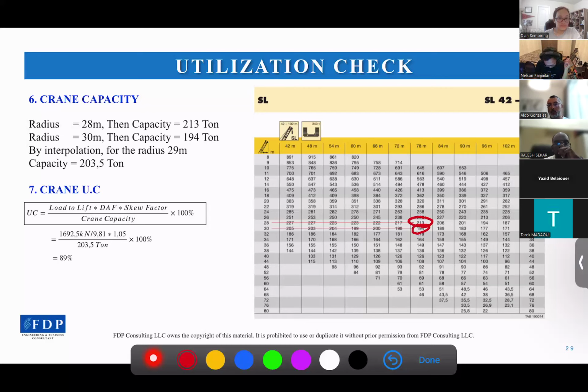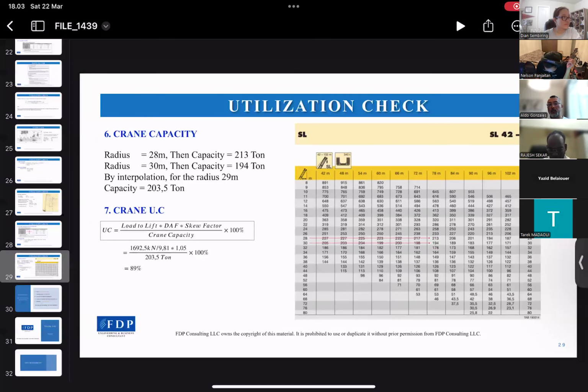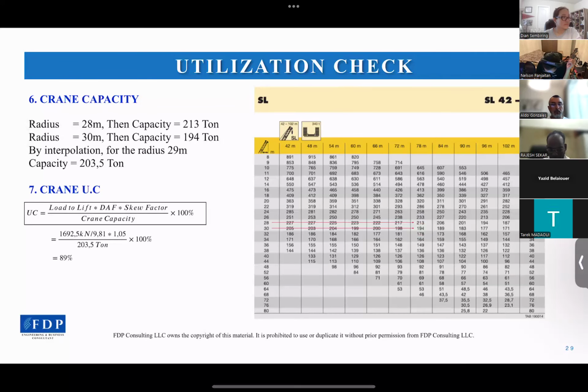Because you are interpolating 30 with 32, and this should be 28 with 30 meter radius. Supposedly it's 28 with 30, right? Yes. And 203.5 tons is between 194 and 213. Yes, but the marking has some mistake.